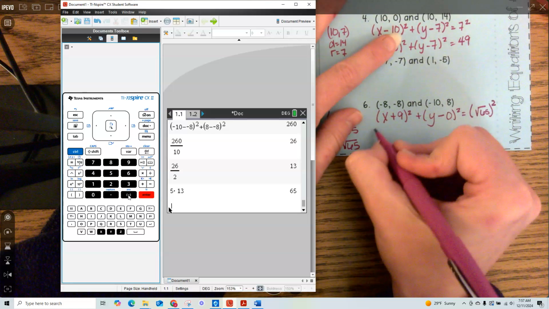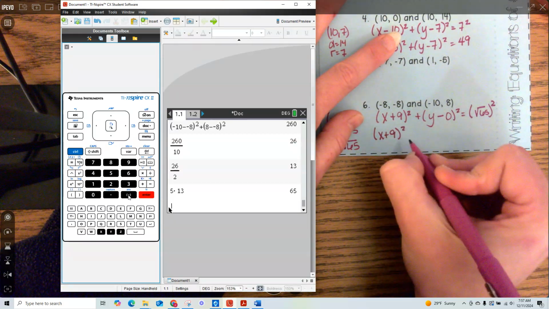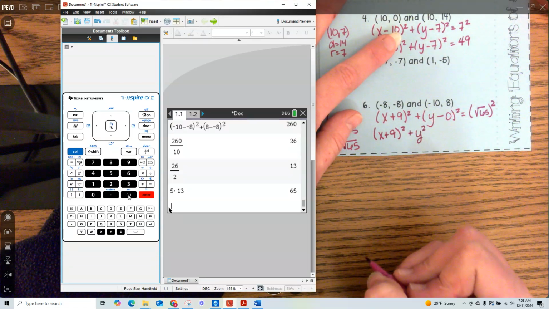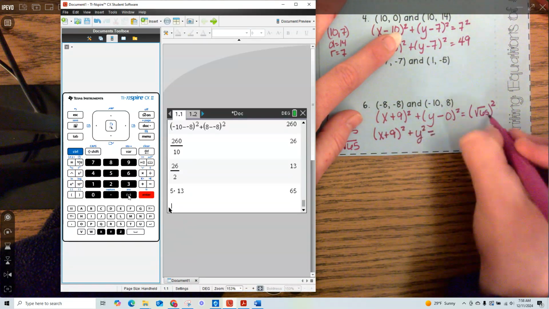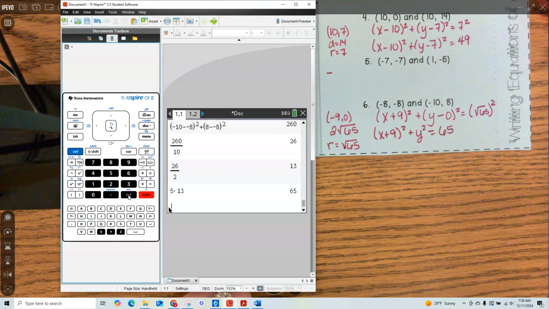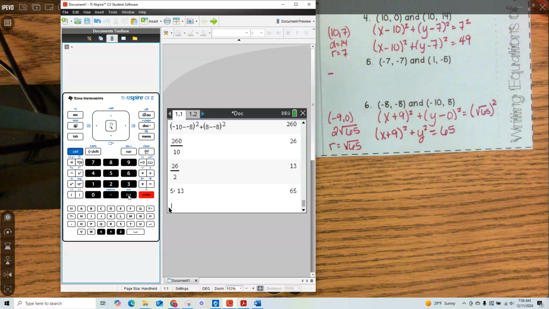When I clean this one up, (x plus 9) squared stays. y minus 0 just turns into y squared. We just simplify it down, and the square of the square root of 65 is just 65. So sometimes you get pieces like this. Again, the radicals usually clean up. So that's it for this set of notes.